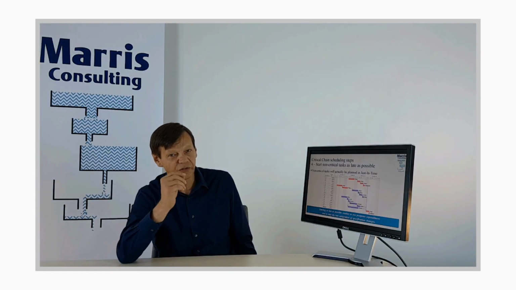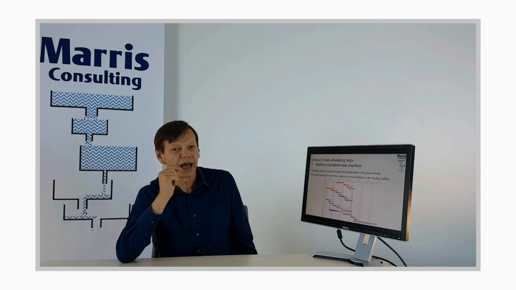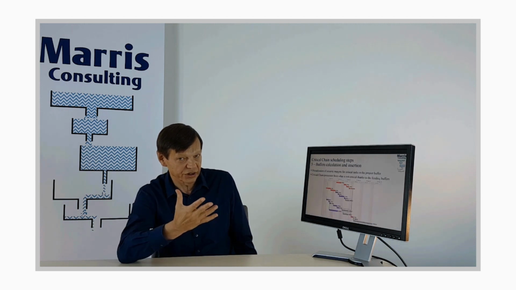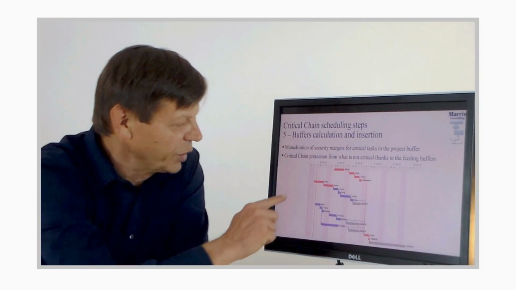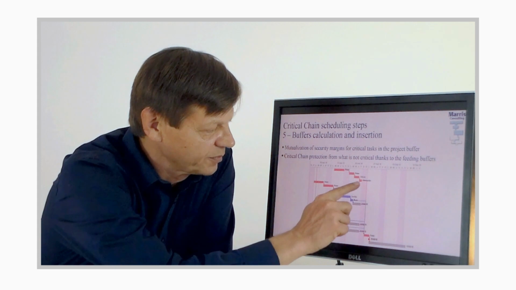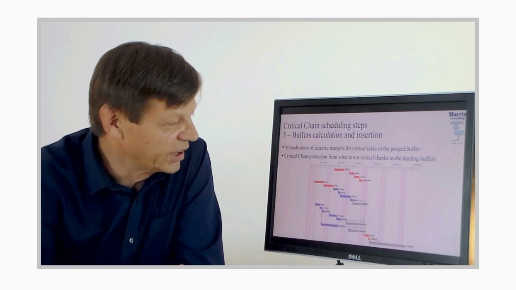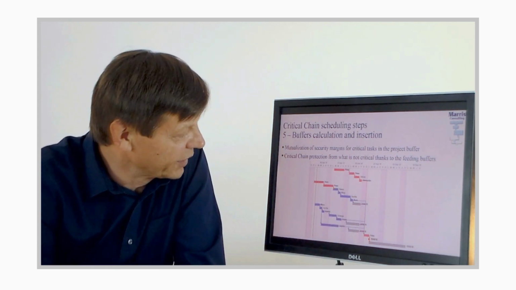Let's get to the final step, step 5, and that is to insert the buffers, which no doubt you've heard of because it's one of the first things people learn about when learning about critical chain. We've just said that sequence is risky because it's based on the average times.